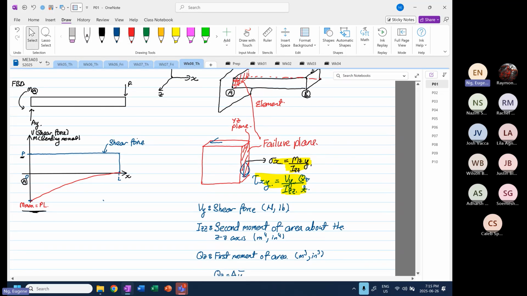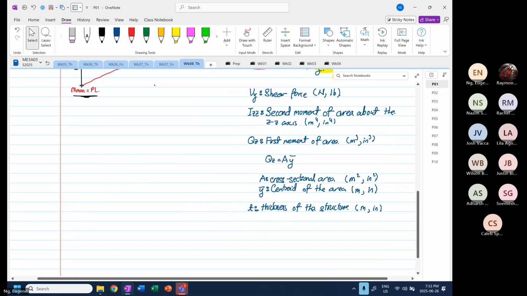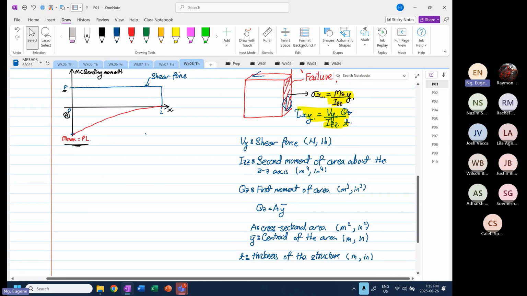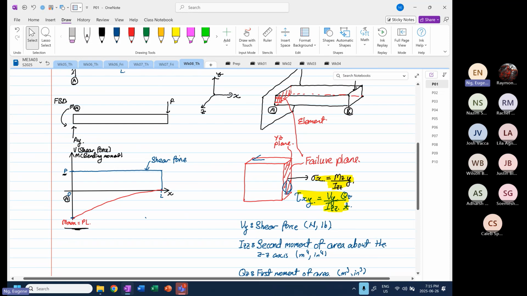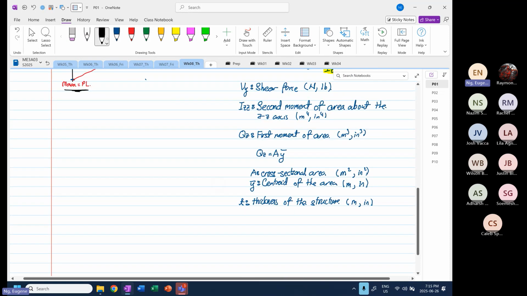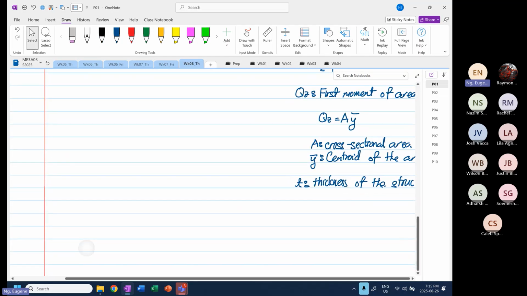Okay, so now the next thing that I'd like to introduce to you, so now you know that we are going to calculate shear, is known as the shear flow.